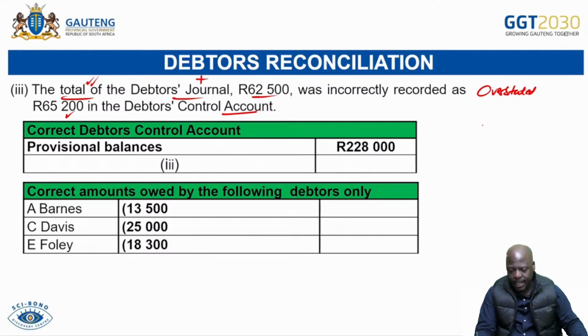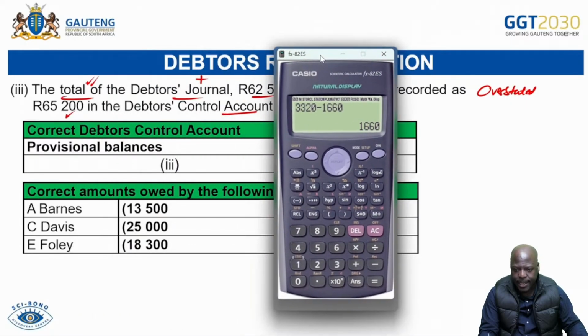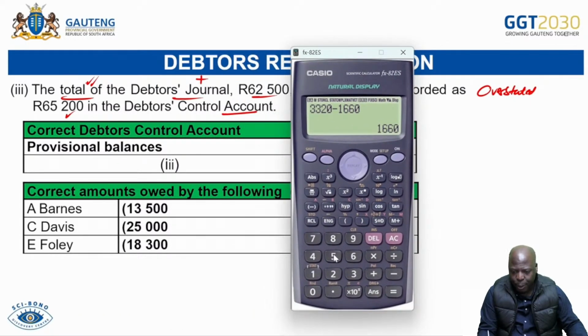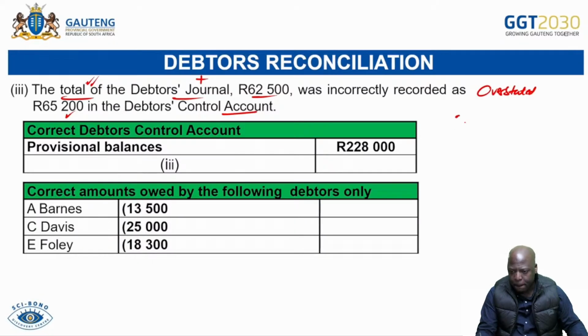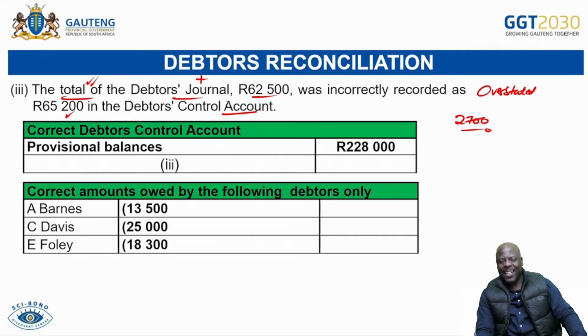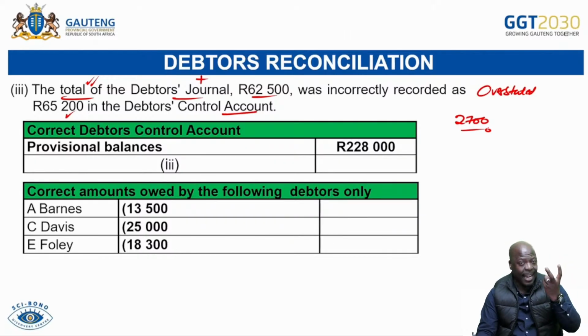Again, let's get the difference. 65.2 minus 62.5. The difference is 2,700. Now, once an amount is overstated, that means you recorded more. To correct it, you record the difference with the opposite sign.